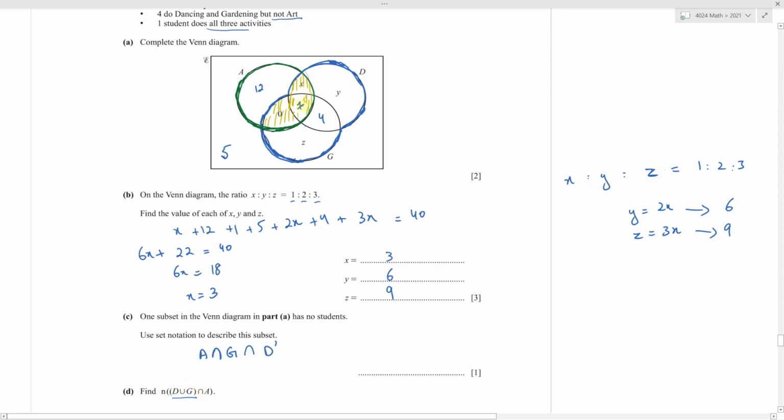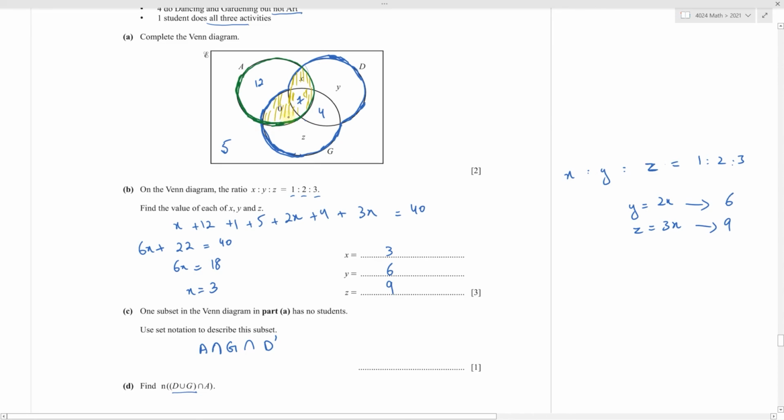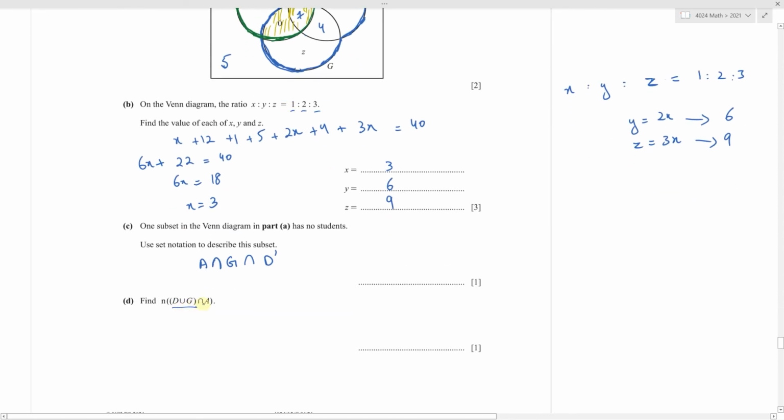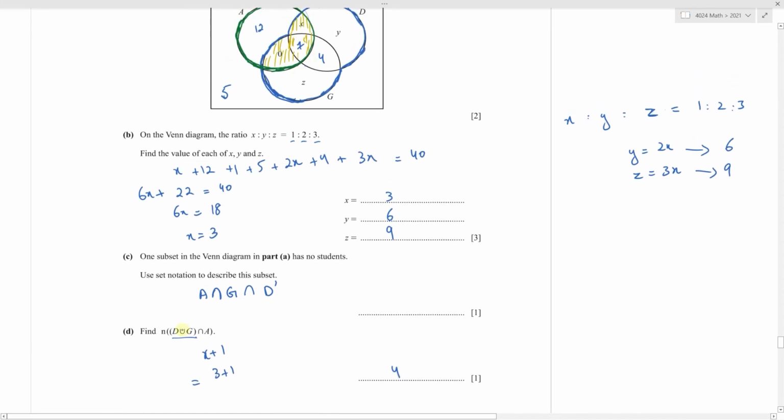You have x plus 1 plus 0. So I can just ignore the 0. So number of students in D union G intersection A is x plus 1 plus 0. Your value of x was 3, 3 plus 1, which is 4. So there are 4 students part of this set notation that is given D union G intersection A, which is represented by this yellow area here. So that was the last question of this paper.